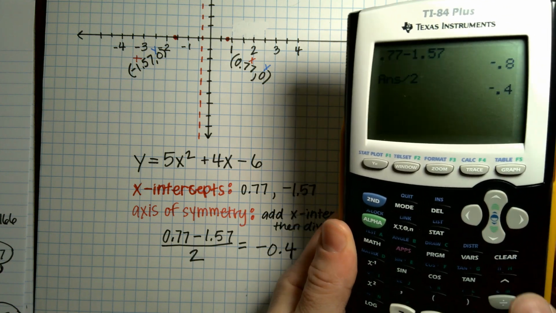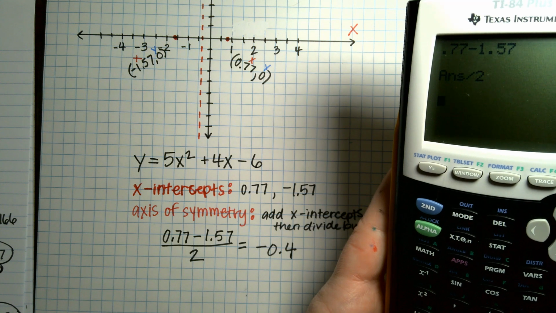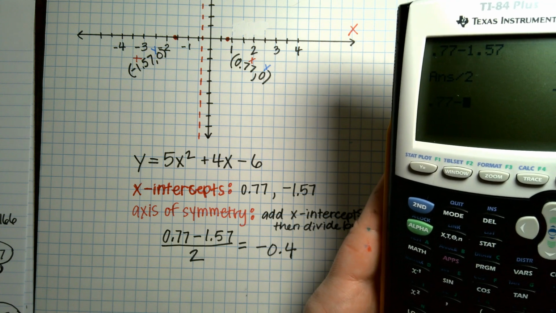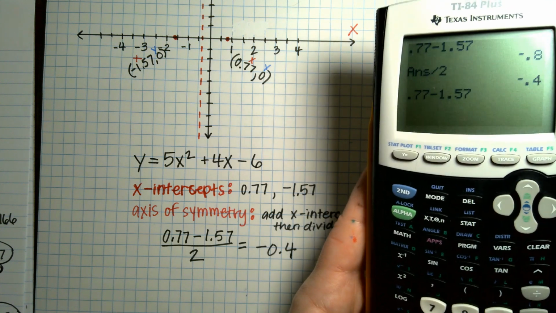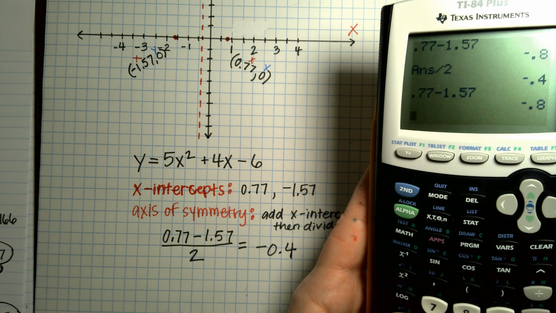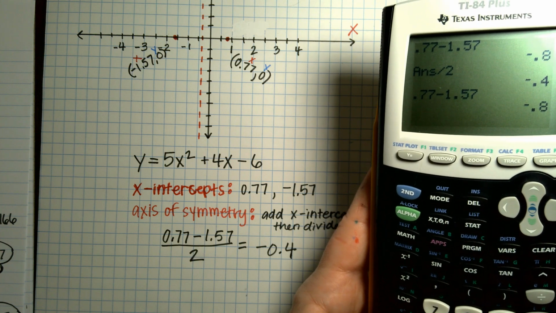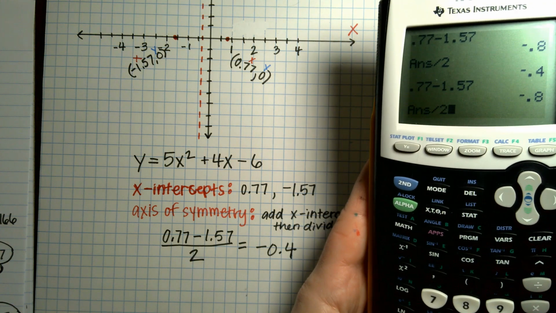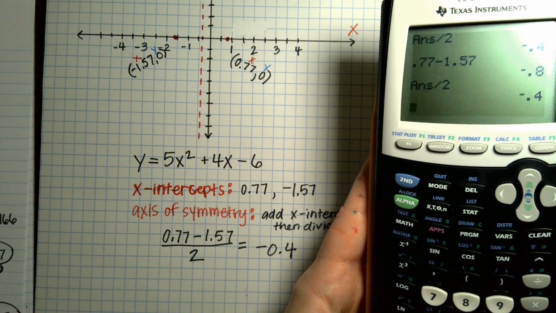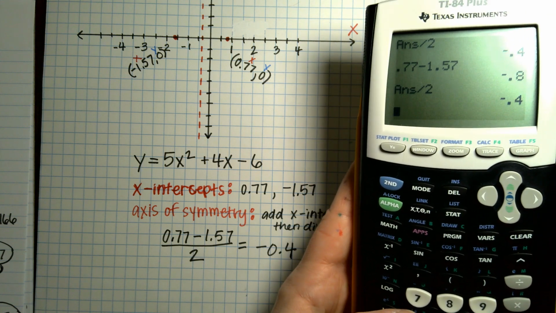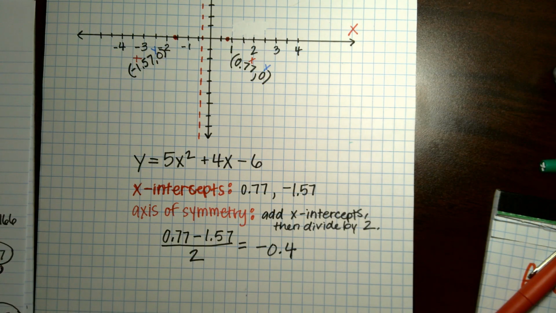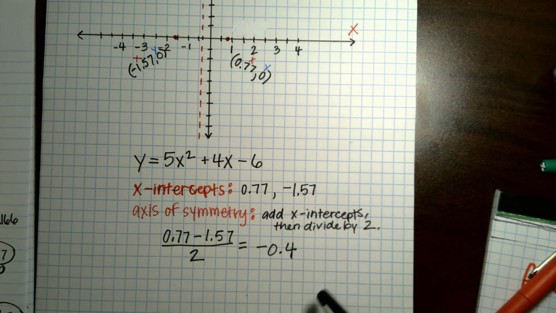So I'm going to clear that. 0.77 minus 1.57, and you'll get negative 0.8. Then divide by 2, and you'll get negative 0.4. You got it? Good, good.